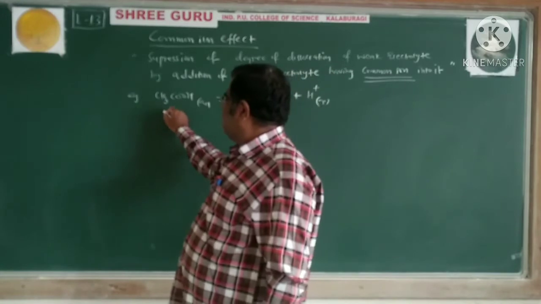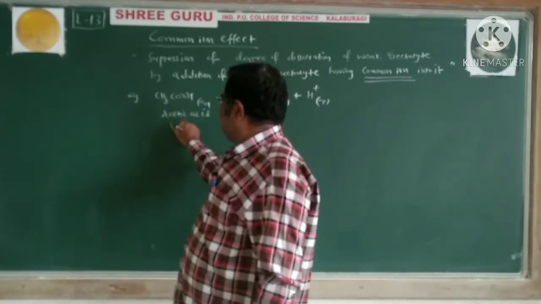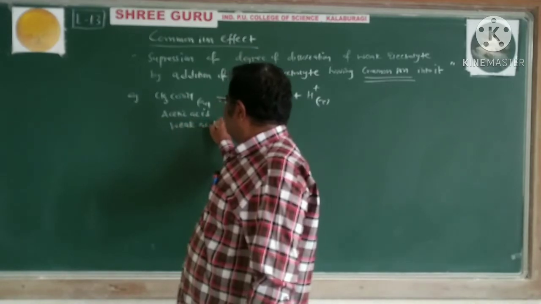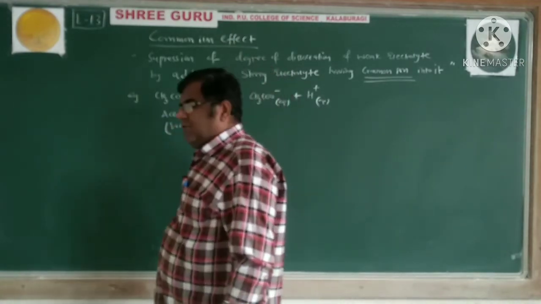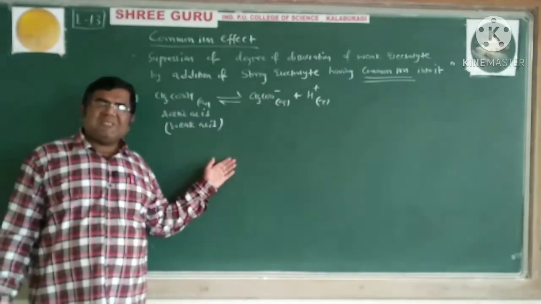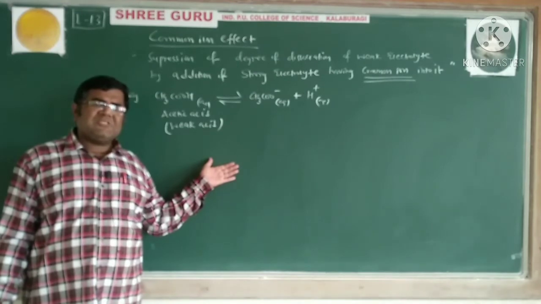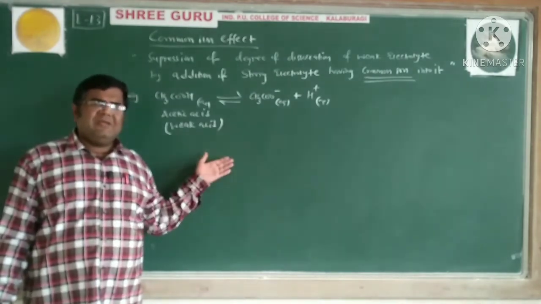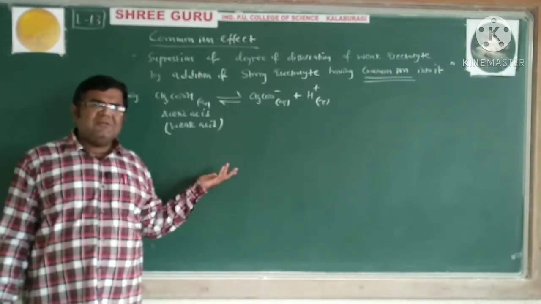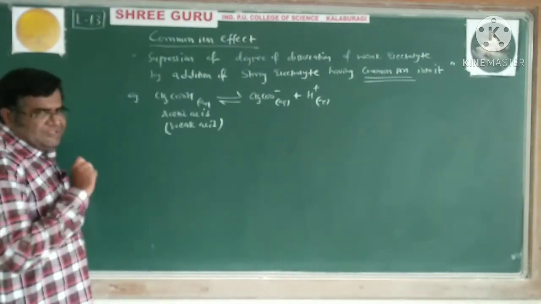We know that this is acetic acid and it is a weak acid. Why is it a weak acid? Because it releases a small amount of H plus ion. How do we come to know it has released less H plus ion? The Ka is low, that's why it is a weak acid. The equilibrium constant of the dissociation reaction is lower.